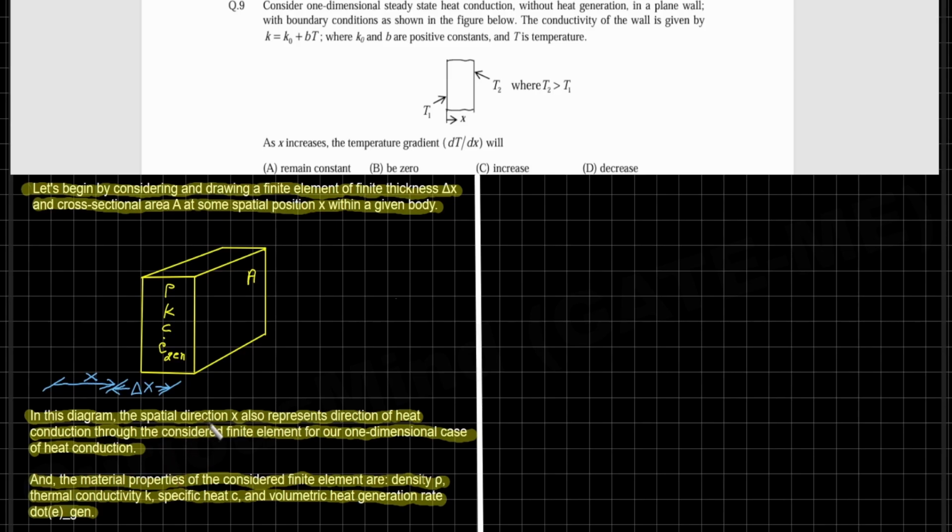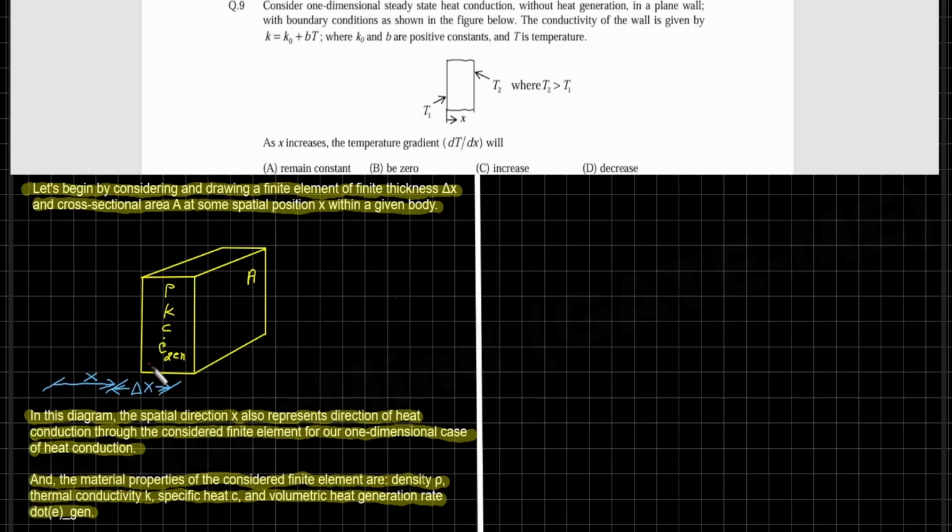So the spatial position x, this direction, also represents the direction of the heat conduction. And this makes our heat conduction case one-dimensional because heat only conducts in one direction, meaning in the direction of x, the spatial position x.